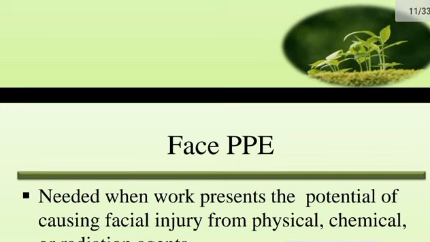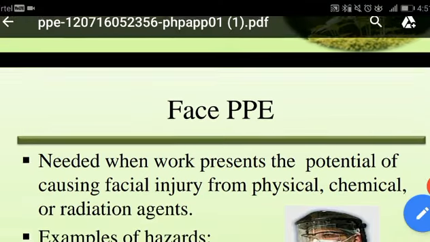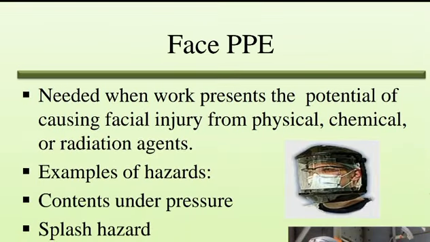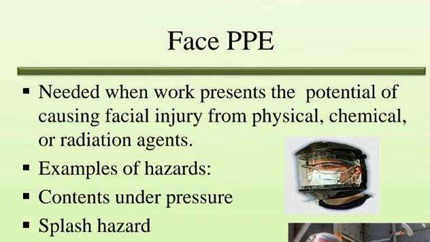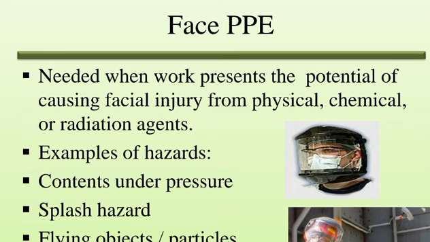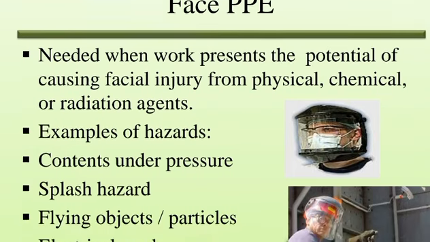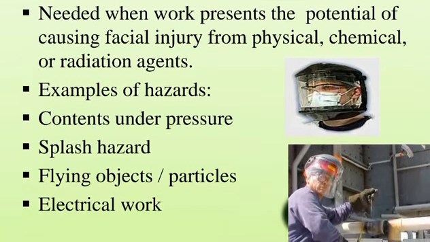Next one is face PPE. When is face PPE needed? It is needed when the work presents the potential of causing face injury. If there is a chance of face injury happening, then we need to go for face PPE. Injury from physical, chemical or radiation agents.